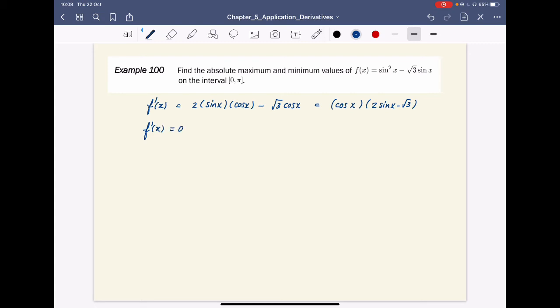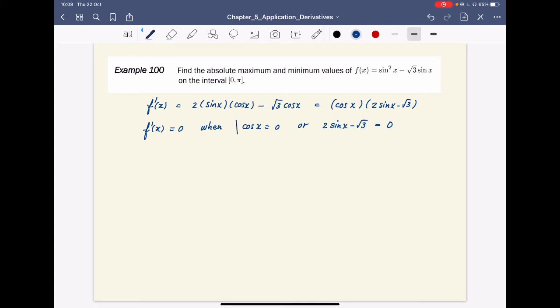and then you can see that f prime x equal to 0 when cosine x equal to 0, or 2 times sine x minus square root 3 is going to be 0, right? Because, well, the product of two numbers is going to be 0 when either of them is 0, right?